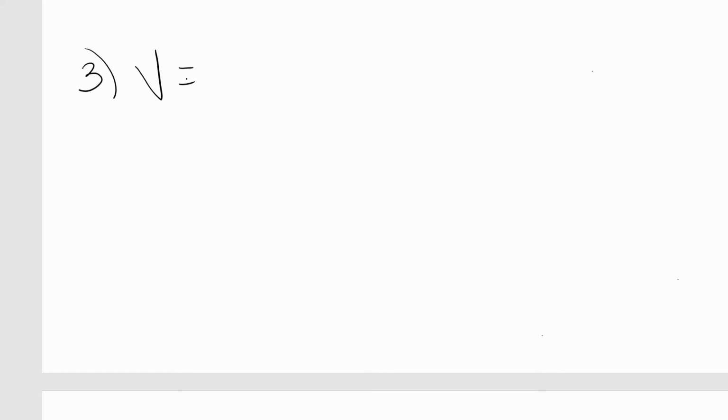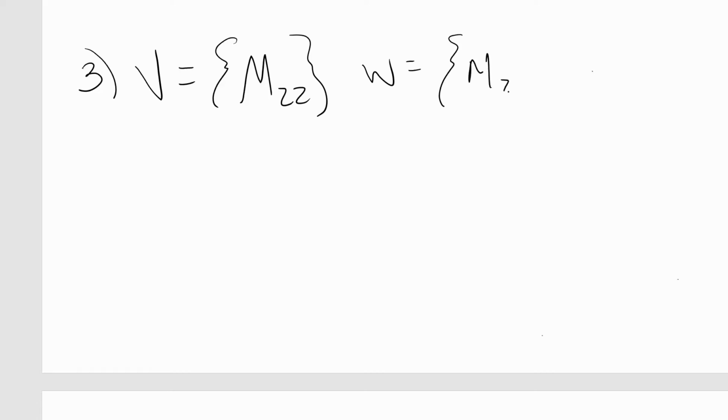So my vector space is the set of all 2 by 2 matrices, and W is the set of all 2 by 2 matrices such that M is symmetric. So you need to remember what symmetric means.